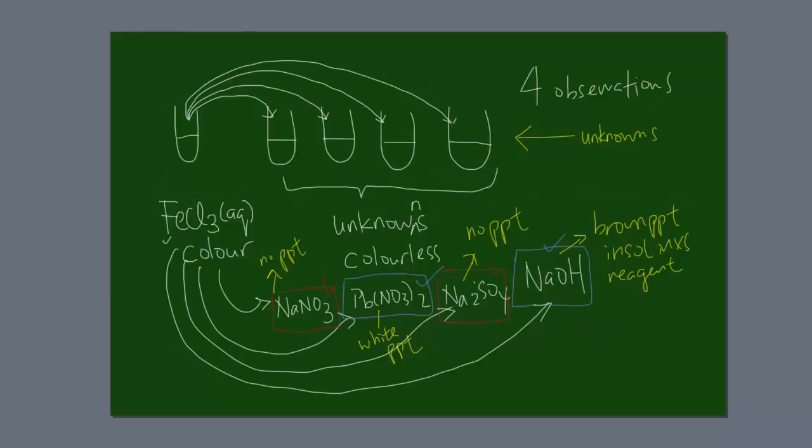Okay, if you are still unsure, this is what is going on so far. We have positively identified 3 things. We have positively identified the FeCl3 by color. We have also positively identified PbNO3 because of the reaction with FeCl3.